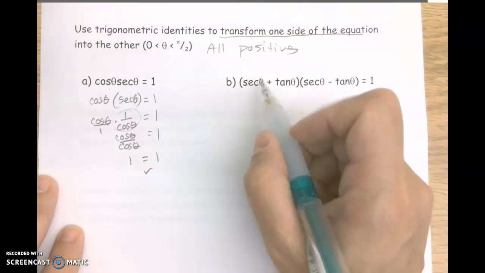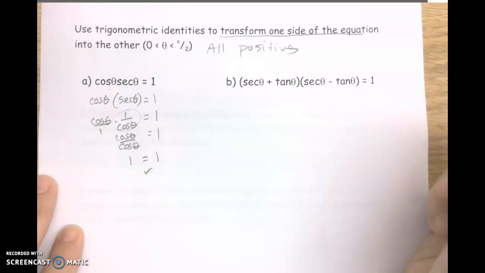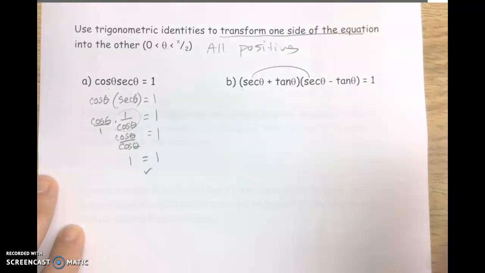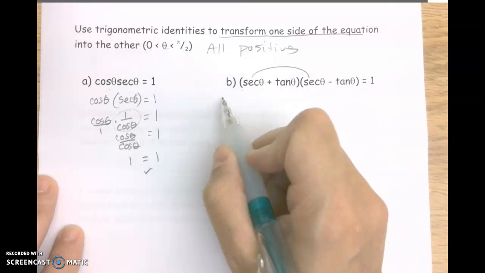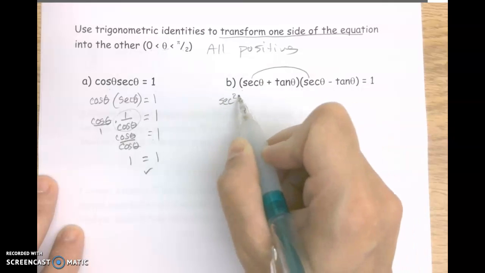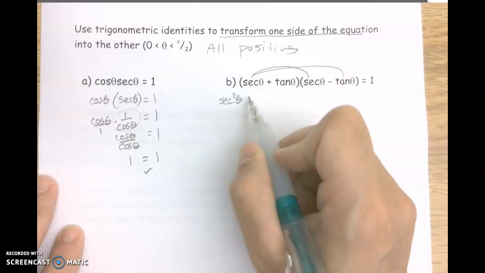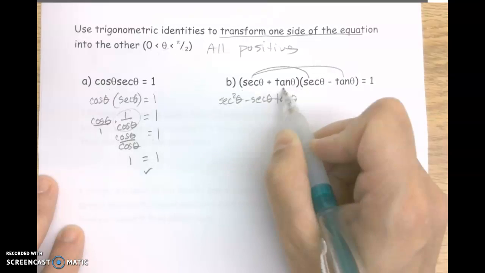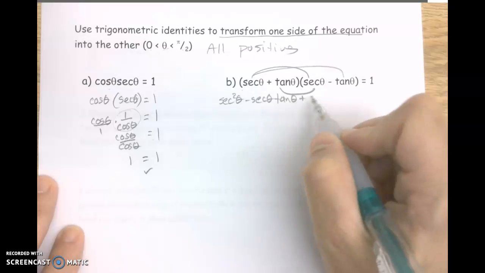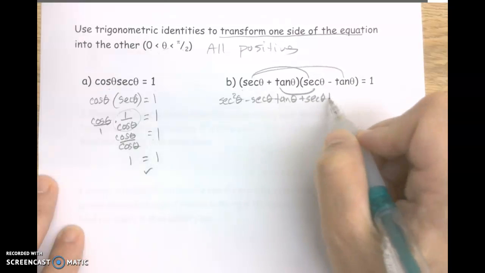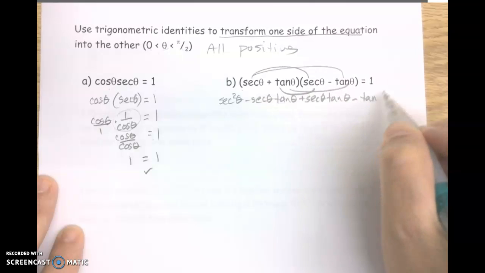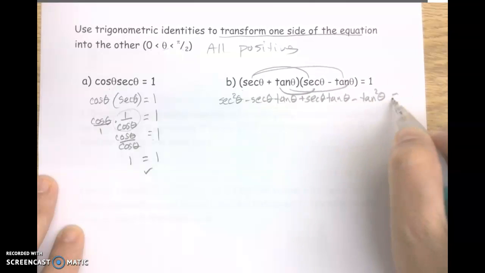For part B, I have two binomials multiplied together, so I'm going to use my algebra skills and I'm going to FOIL it out or distribute it out. So I get secant squared theta, negative secant theta tangent theta, plus secant theta tangent theta, minus tangent squared theta, and that equals 1.